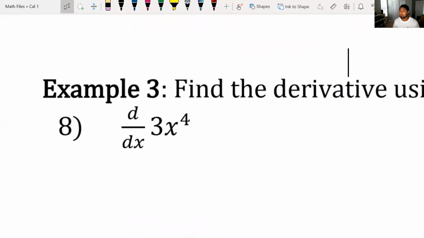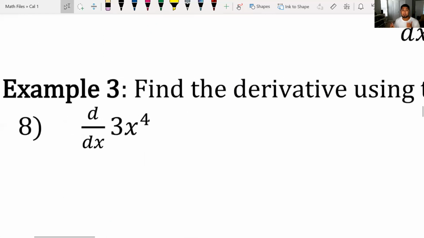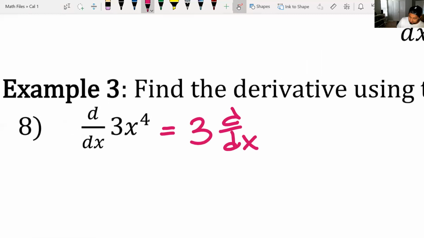So number 8. Let's try out that constant multiple property, which means this says d over dx, take the derivative of 3x to the 4th. So if I rewrite this, we can make this 3 times d over dx of x to the fourth.